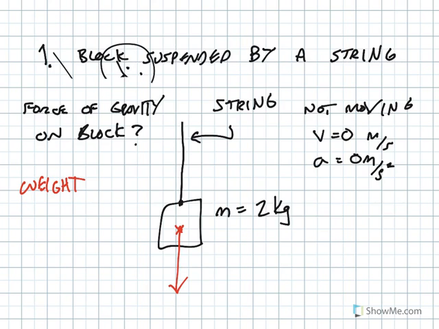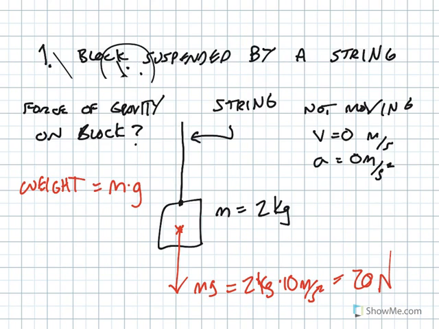The weight of an object is easily calculated. It's the mass of the object times little g. In this case, that has a magnitude of 2 kilograms times 10 meters per second squared, about. So 20 newtons. Okay, there's a downward force on this block of 20 newtons, and that's the force of gravity.